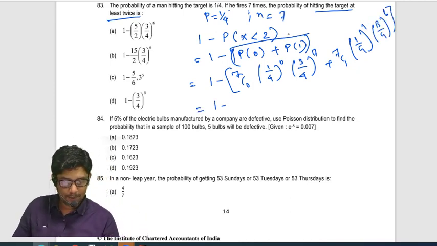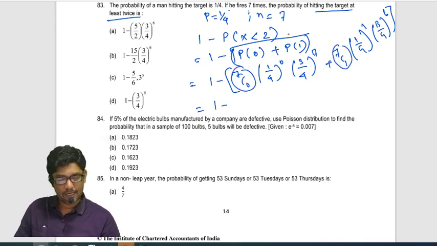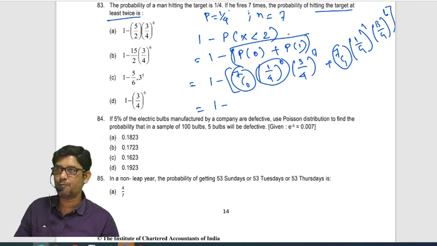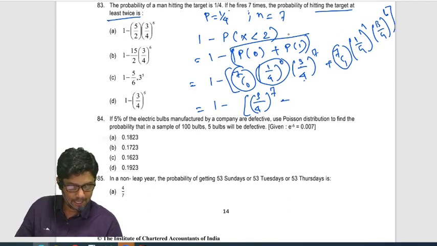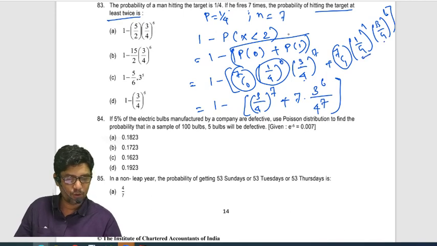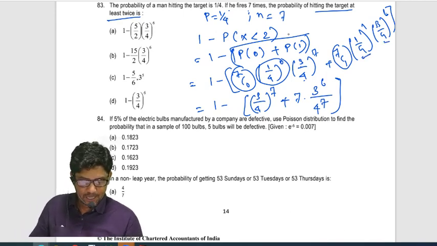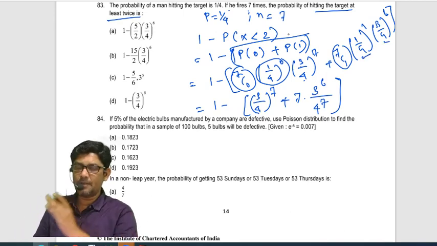Now, 1 minus 7C0 is what? 1. 7C1 is what? 7. 1 by 4 power 0 is 1. Now it is nothing but 3 by 4 whole power 7 plus 7C1, which is 7. Is it nothing but 3 power 6 divided by 4 power 7? Sir, I think 3 by 4 whole power 6 can be taken outside, sir.